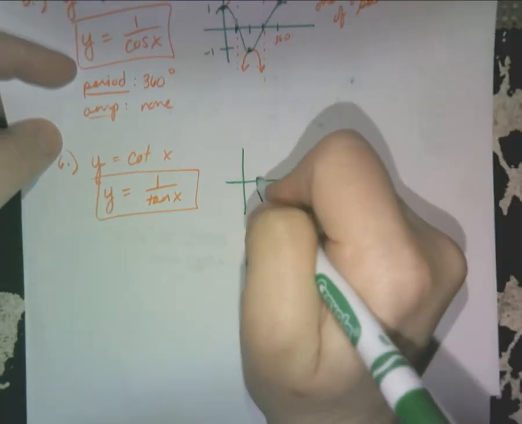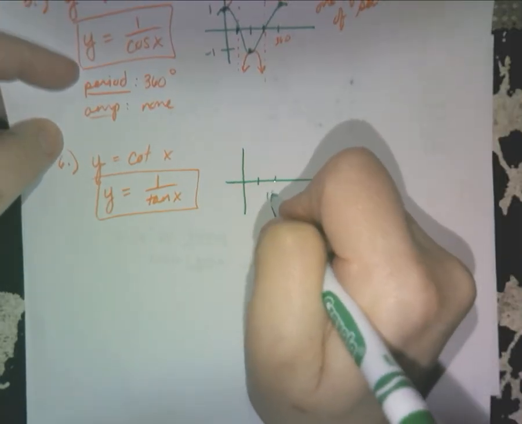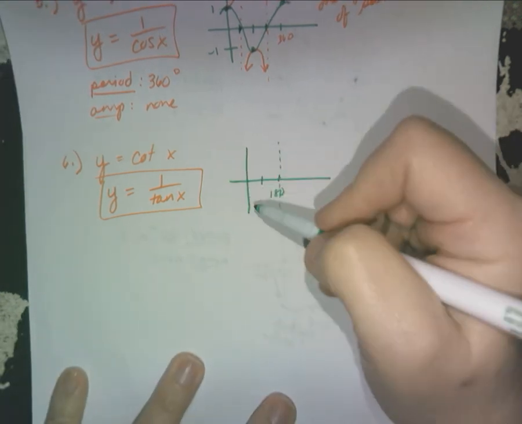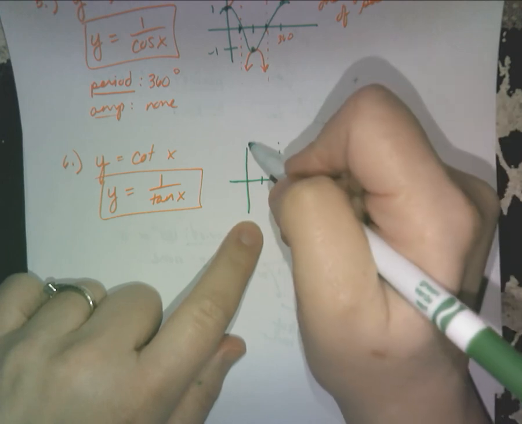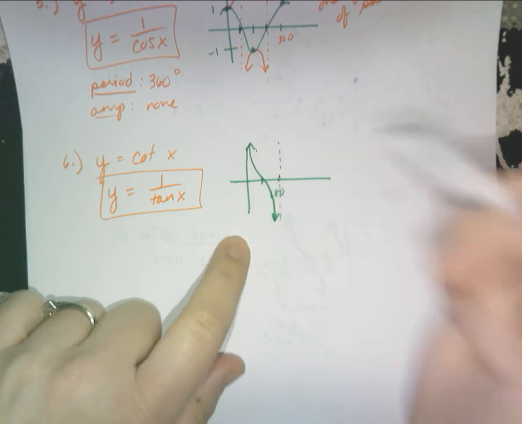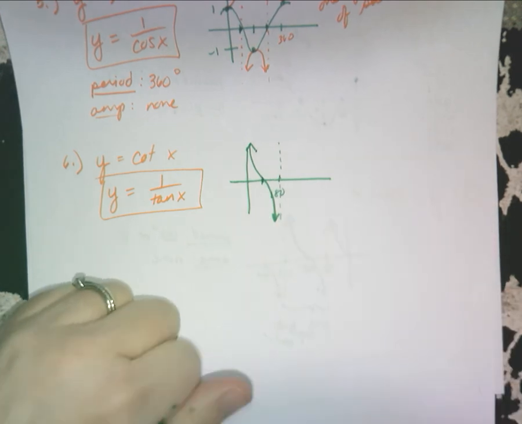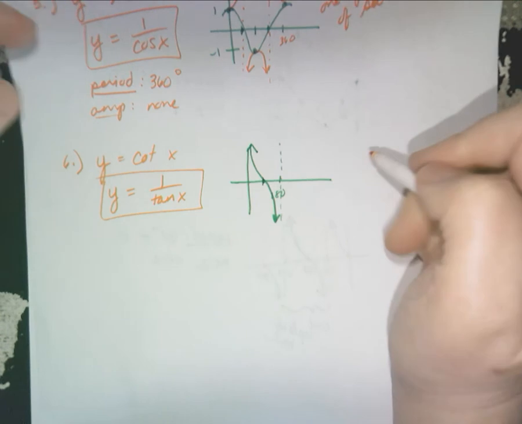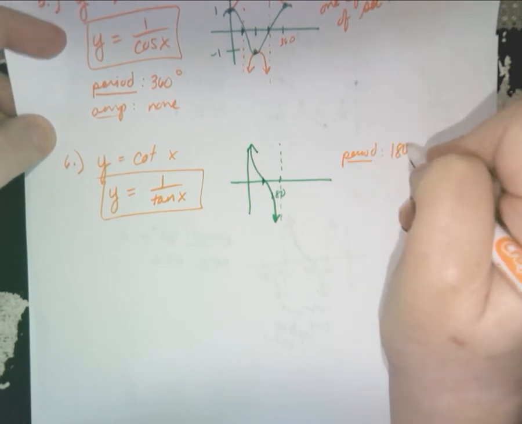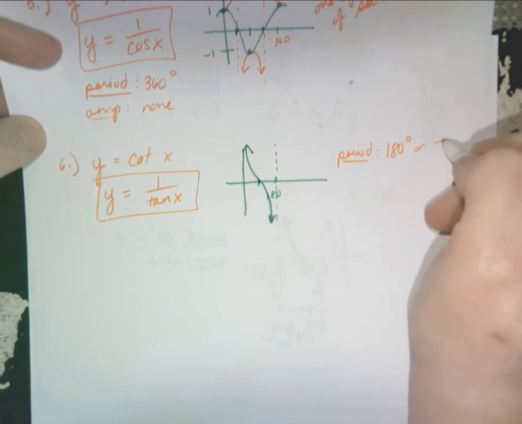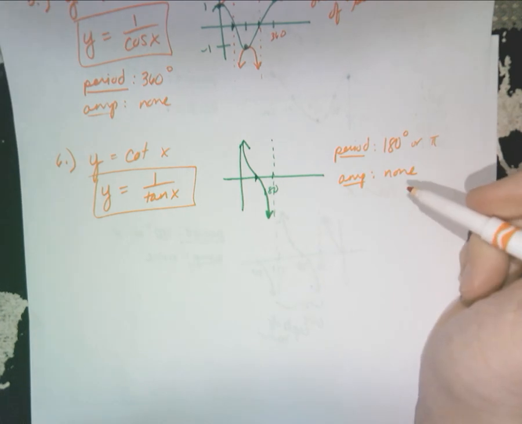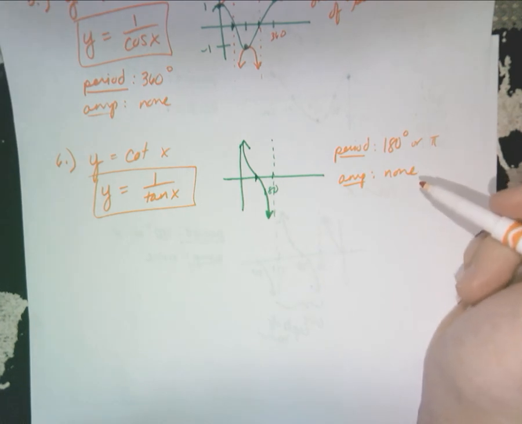Cotangent actually has an asymptote at 180. The asymptotes shift over. And the graph doesn't start at the bottom and go up. It actually starts up and goes down. It flips that way. Okay, and it goes through at 90 degrees. And its period is similar to tangent. It has a period of 180 degrees, or pi. Its amplitude is none. So the only things that can have amplitude, really, are sine and cosine.